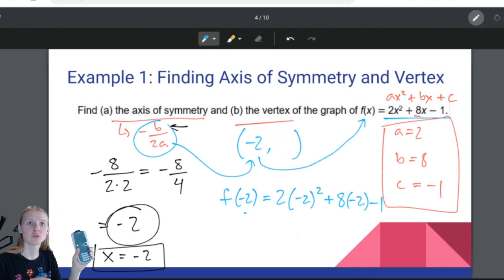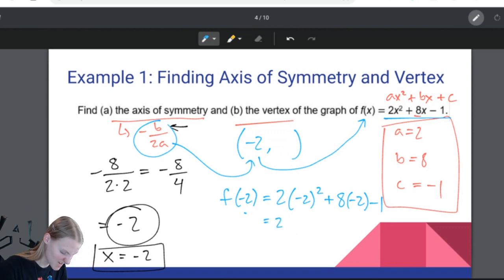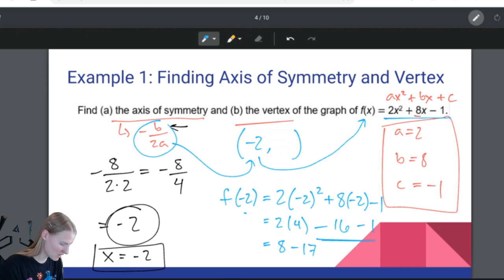And now, you use your calculator or your Chromebook, whichever is easiest for you. -2 squared is 4. 8 times -2 is -16, so I can get rid of the plus there. Just keep the minus. And minus 1. 2 times 4 is 8. And if I put these together, -16 minus 1 is -17. 8 minus 17 is -9. So this number is what goes there.